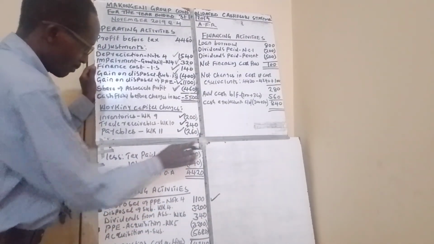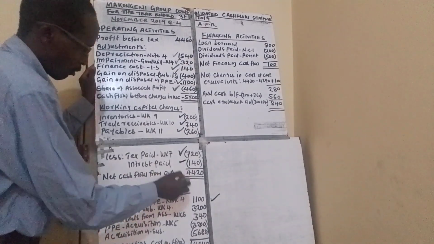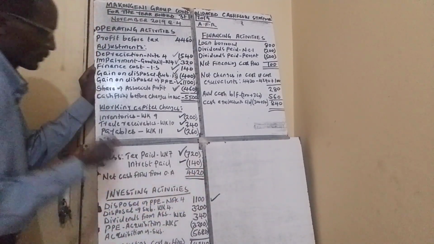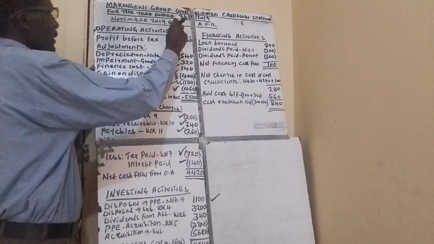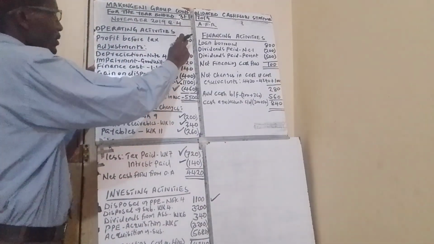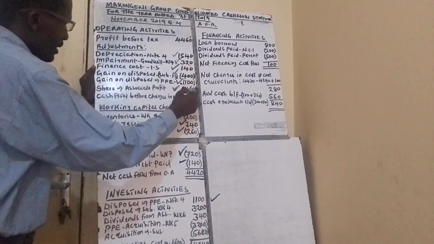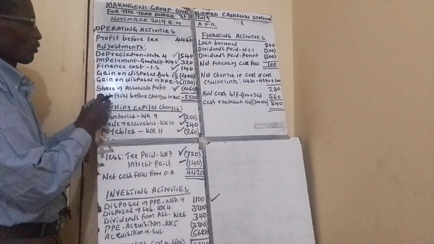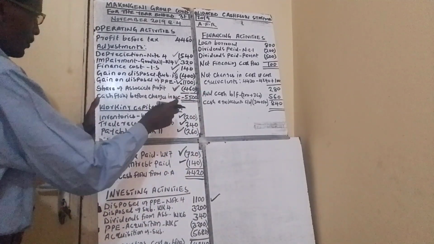After you less tax paid, you less interest paid here. So net cash flow from operating activities is 4,440. So in other words, you are getting 4,610, and just for these figures, you plus, you minus, you get cash flow before changes in working capital 5,500.